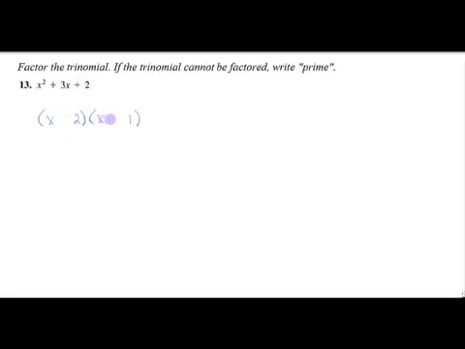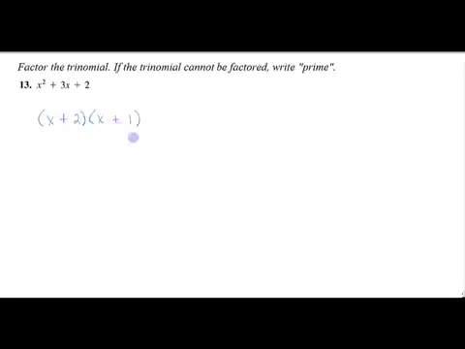If we have a positive times a positive, it's a positive 2. If we have a negative times a negative, it's a negative 2. So here we know that we must have both the same signs. When we look at the middle sign, it tells us what sign they will be. It's going to be a positive.